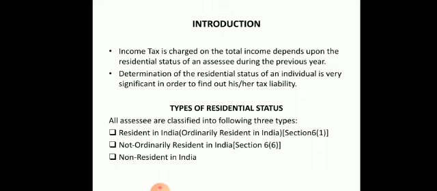The year in which the income is earned is known as previous year of a person, at the rates fixed for the assessment year by the Finance Act passed in the Parliament every year.